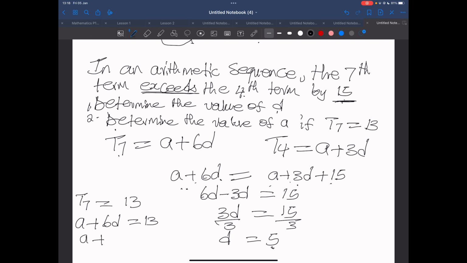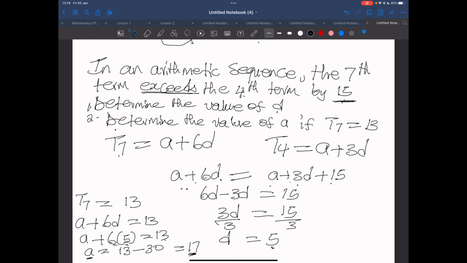So a plus 6 times d, which is 5, is 13. So we know that 6 times 5 is 30. So we will take it that side. 13 minus 30. We take the 13 and subtract the 30. So we get negative 17. So in other words, the value of a is negative 17.